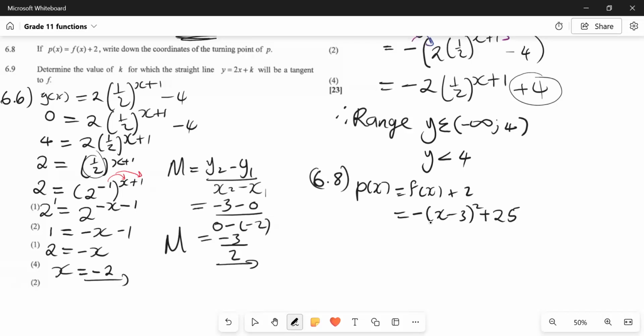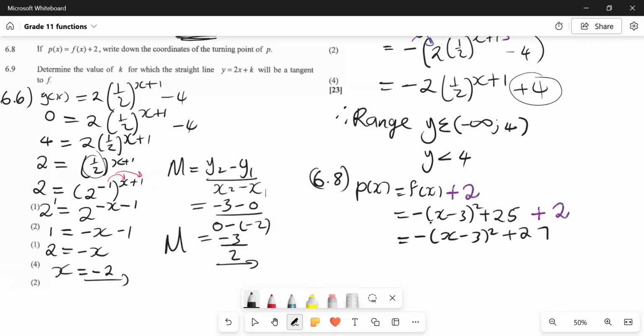Let me use a different color here so that things can be clear to you. So you have plus 2. Now, let's continue. 25 plus 2, that's 27.